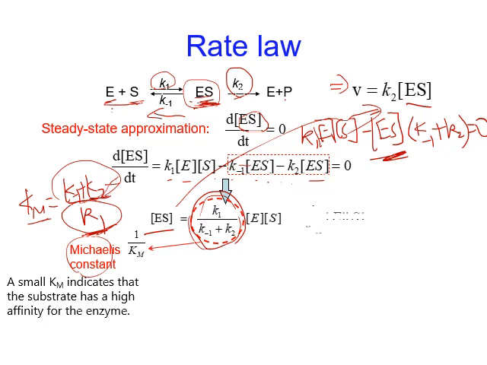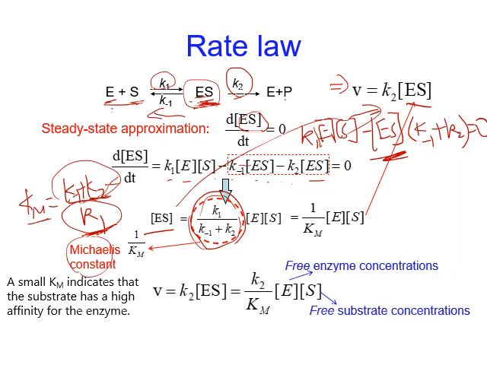So now let's put 1 over Km times E S back into the rate law. So here is the rate law for this reaction, which is k2 divided by the Michaelis constant times E times S. E is the free enzyme concentration, S is the free substrate concentration.